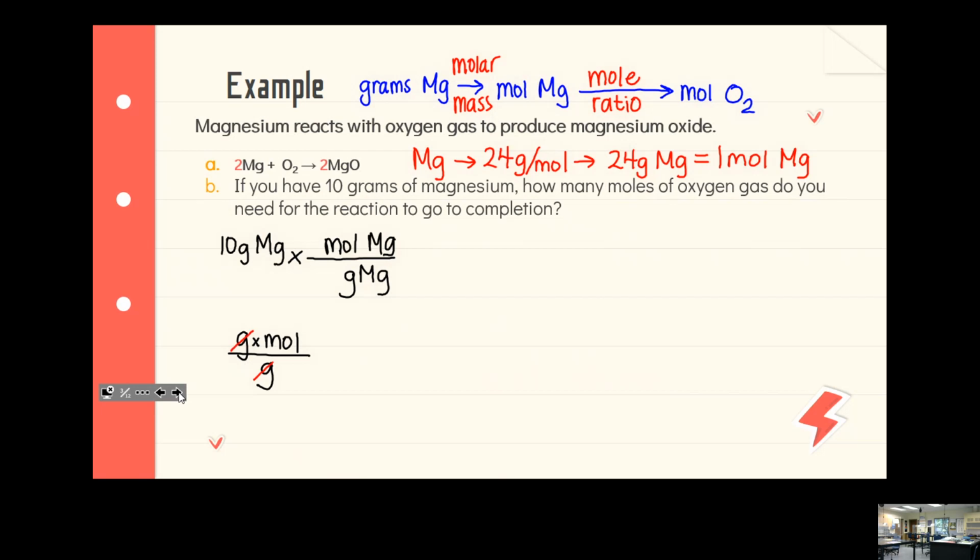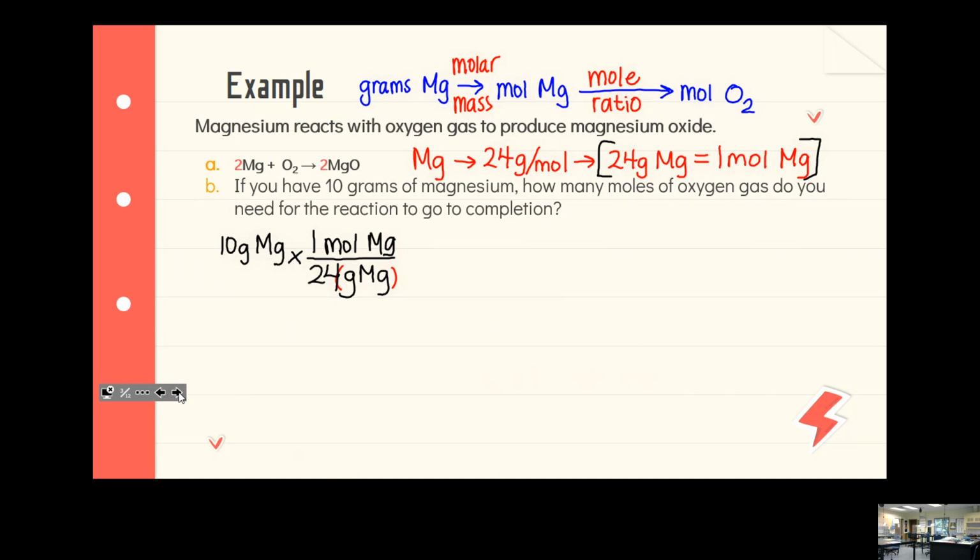So that's why each time I'm going to drag whatever I'm trying to get rid of down to the bottom in your setup using dimensional analysis. So remember my conversion factor up here, my molar mass. Okay, it says for 24 grams, there is 1 mole of magnesium.